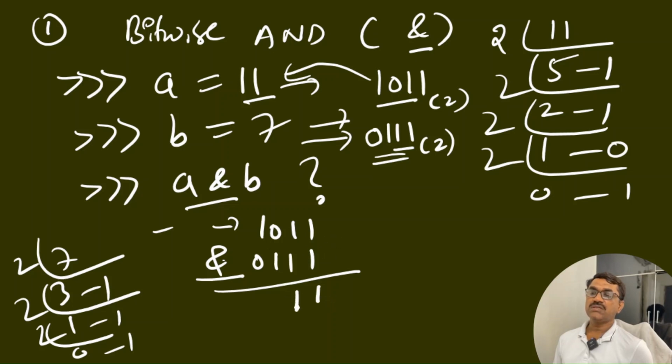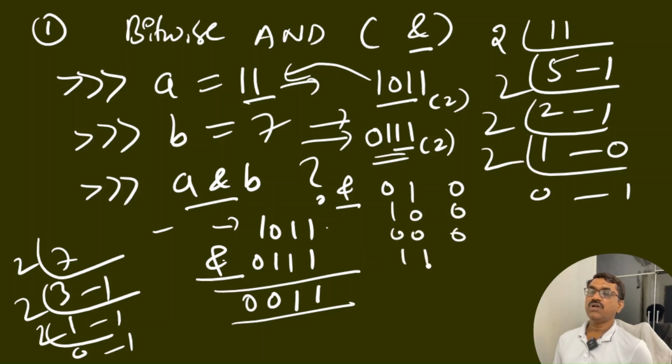In the remaining cases, the result is 0. That we are going to obtain. 0011 is the result. That means when you apply bitwise AND, 01 becomes 0, 10 becomes 0, 00 becomes 0, only 11 becomes 1. So in this case we are getting 0011.